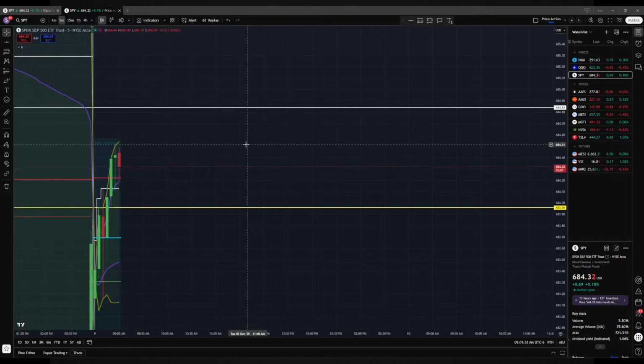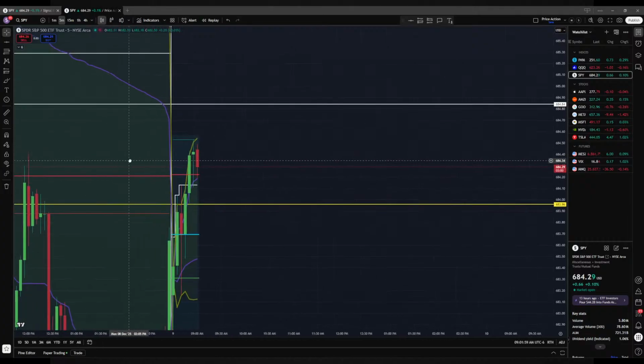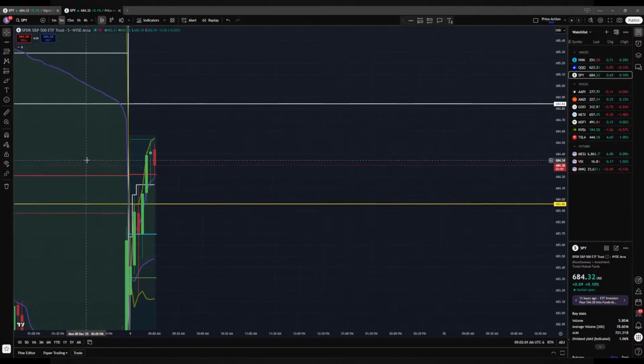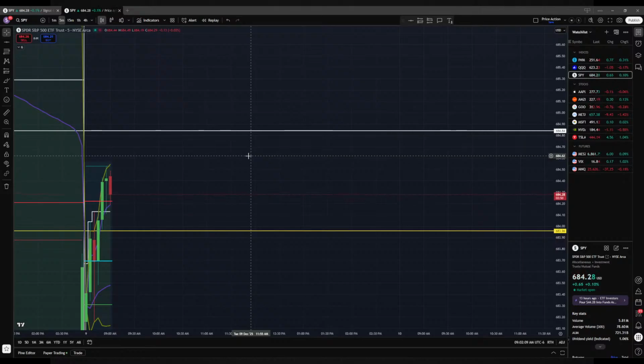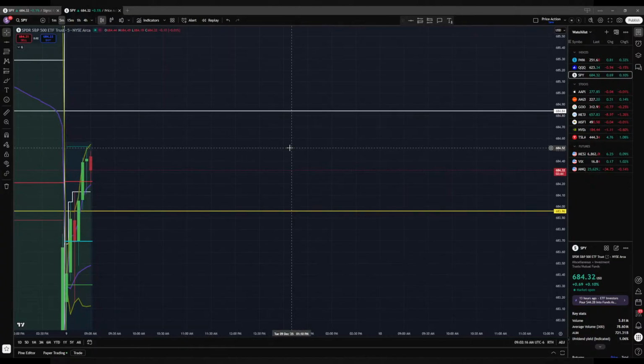That would explain if it does reject hard here. I also think, why come up here if you're not going to test the overnight high?